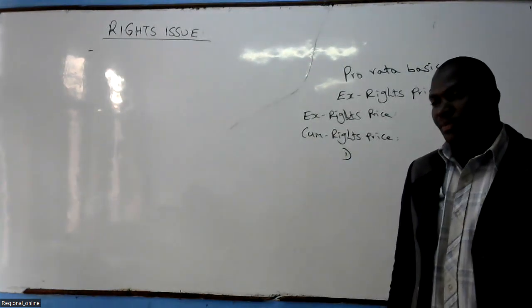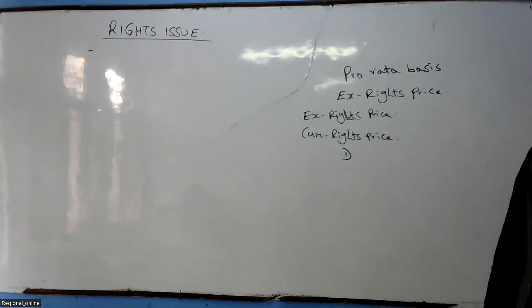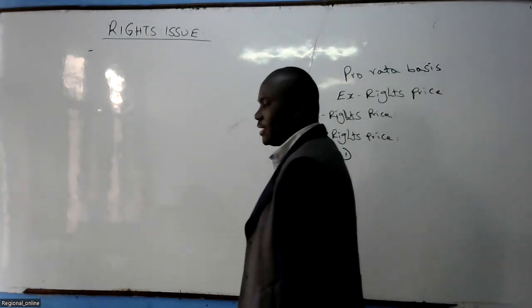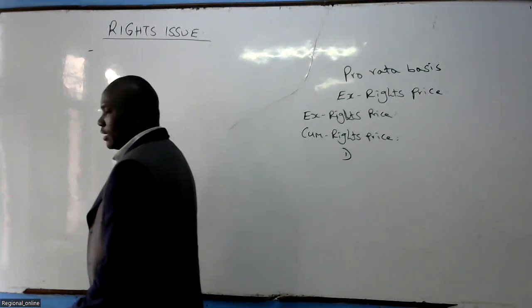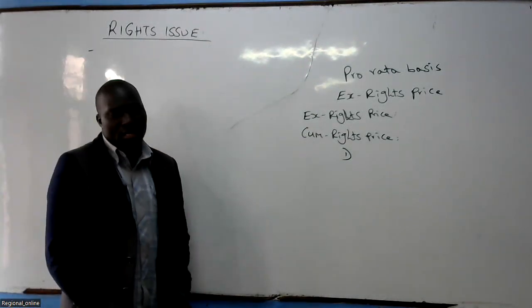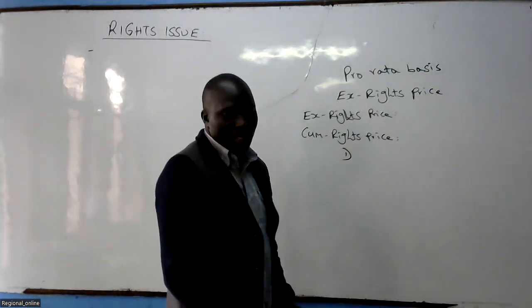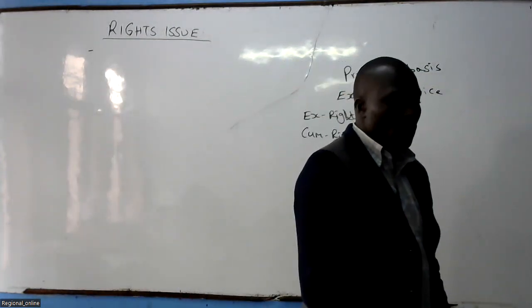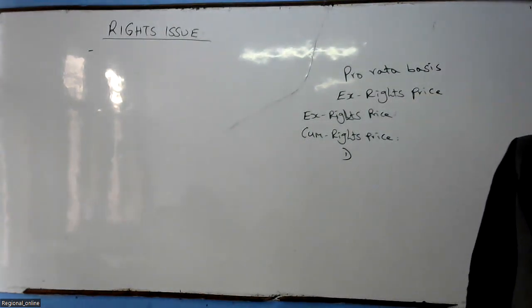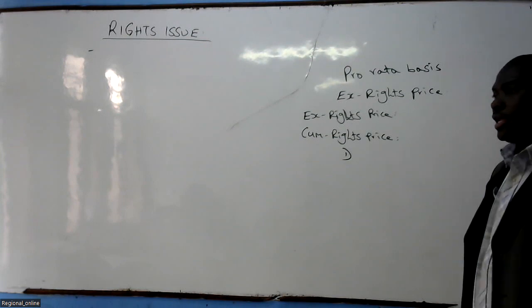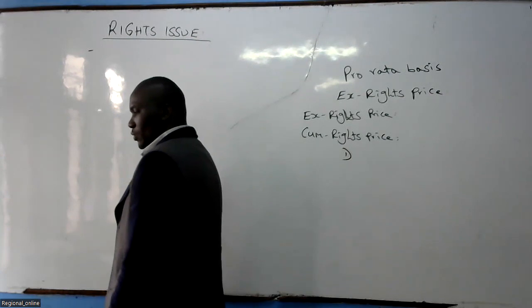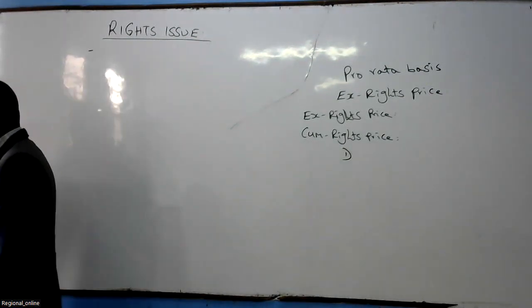Number 2, to sell the rights to a third party, so you transfer that power to somebody else who will now become the new shareholder. And number 3, to ignore the rights issue and do nothing.